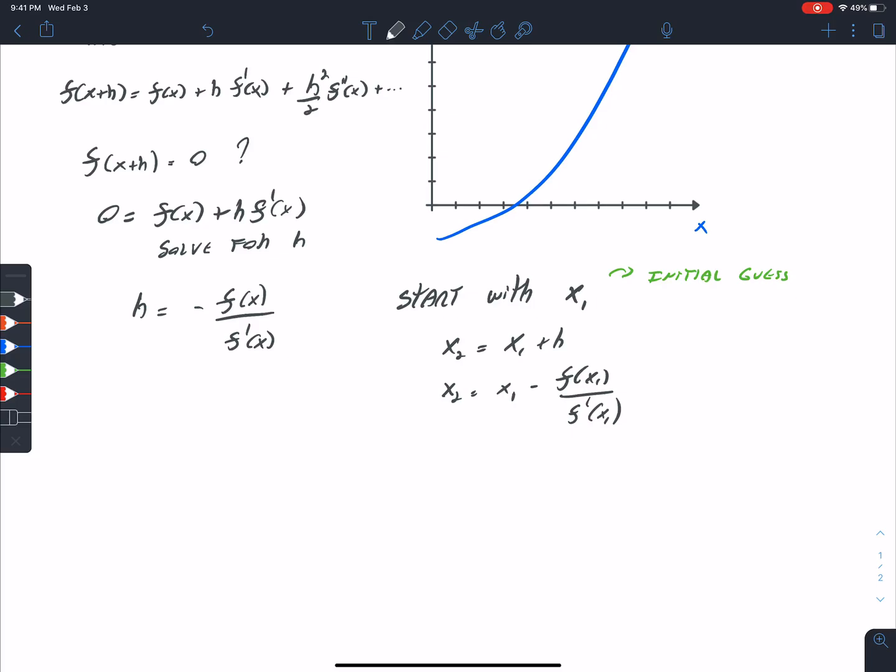Once we have this x2, we compute x3 with the same idea: x2 minus f of x2 divided by f prime of x2, and so on.